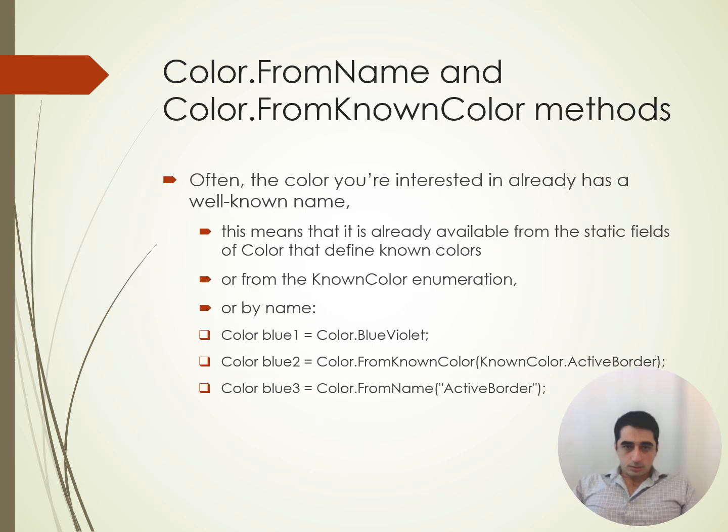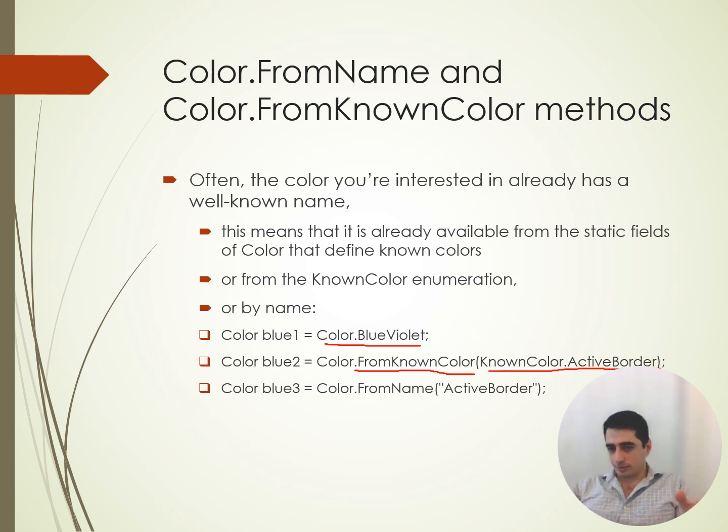If you want to use one of the predefined colors, then you don't need to use the method I showed you in the previous slide. Instead, you can basically use a code like this. For example, Color.Blue or BlueViolet gives you a constant color, or Color.FromKnownColor, and then, for example, KnownColor.ActiveBorder.